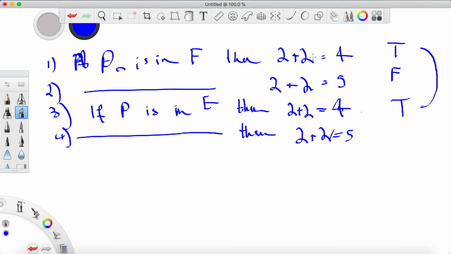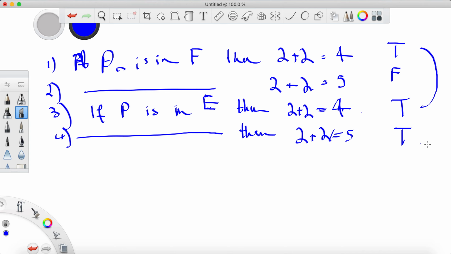The consequent is 2 plus 2 equals 4, and so we see that it doesn't really matter if the antecedent is true or false. It's going to be true either way. So this one's true for 2 reasons, namely, the antecedent being false and the consequent being true. Finally, this last proposition is true simply because the antecedent is false.